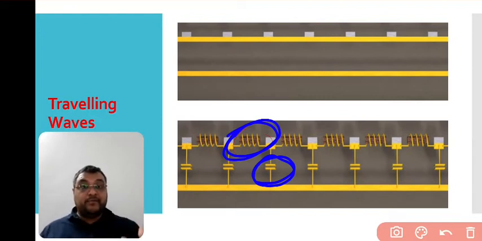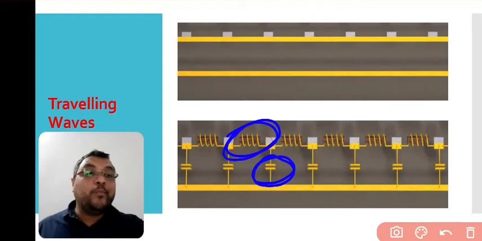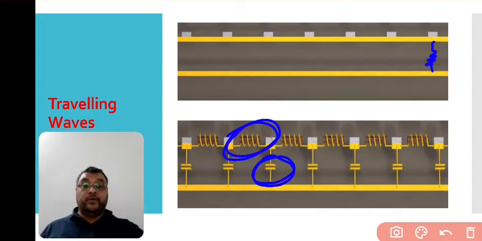To minimize this, we have to place the right magnitude of impedance at the end of the transmission line. So this is basically what the traveling wave is and how it is generated.